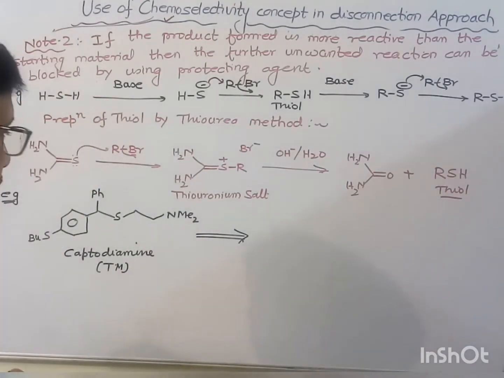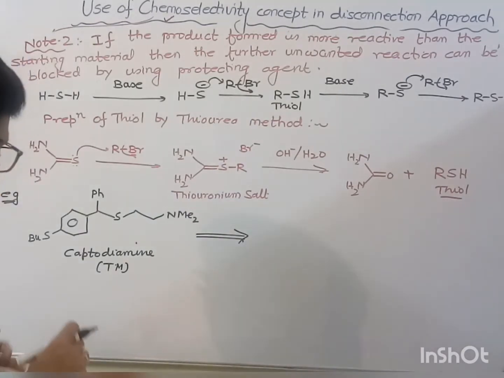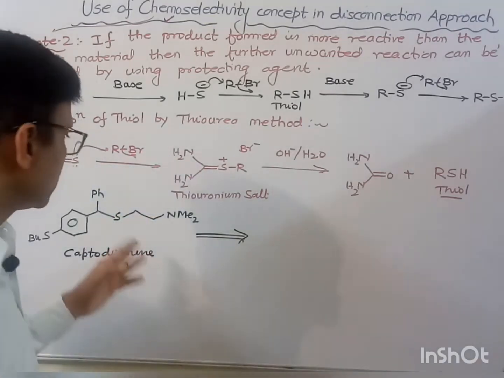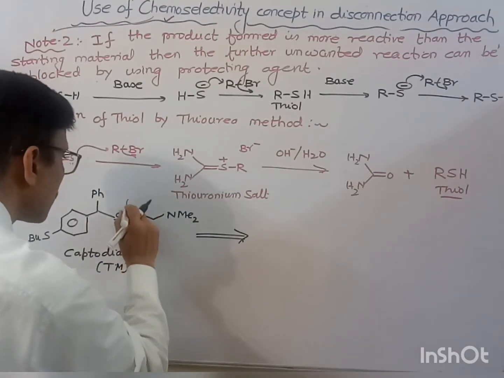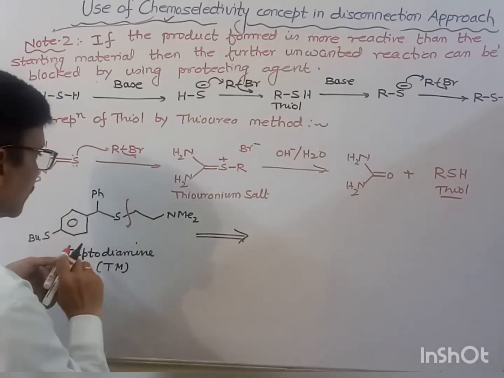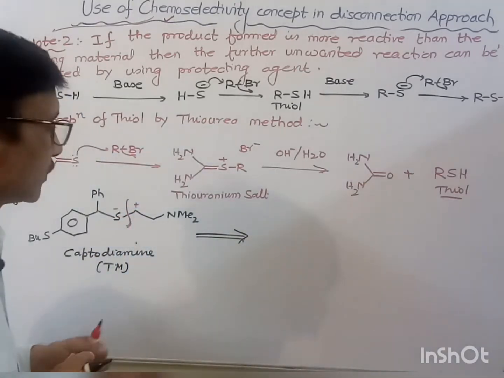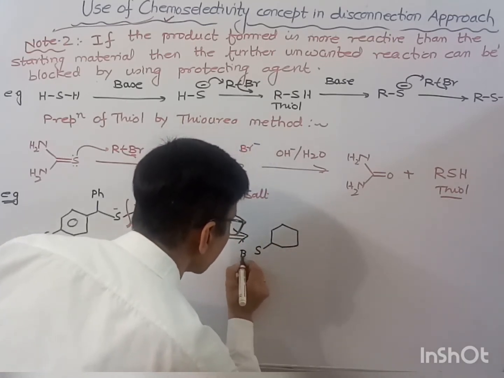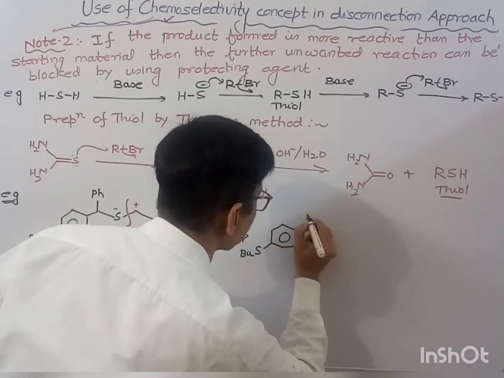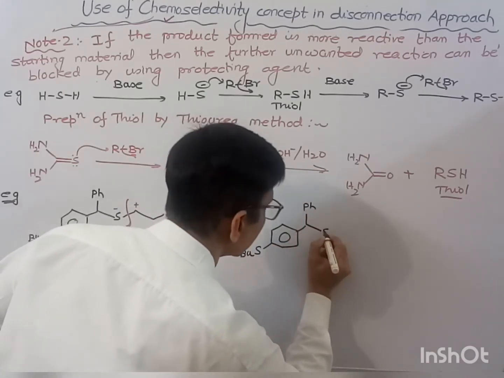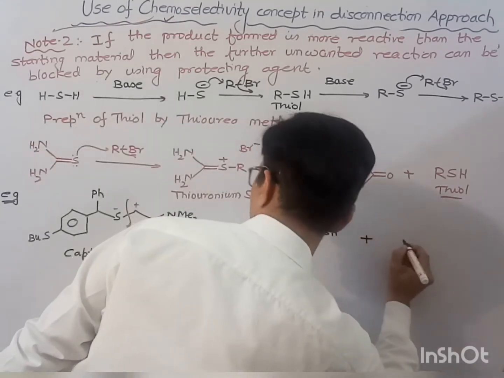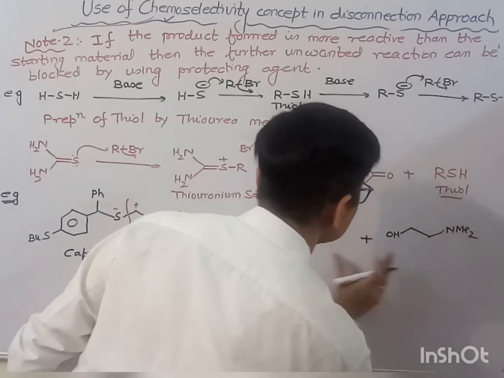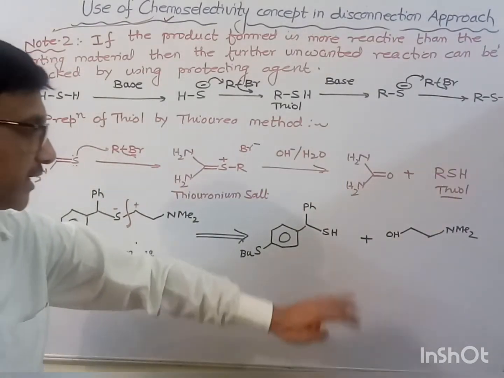No doubt this C-S bond can be disconnected, so I am disconnecting it from here. This will have the minus charge, this will have the plus charge. After disconnection, we get the synthetic equivalents. So these are the two synthetic equivalents.